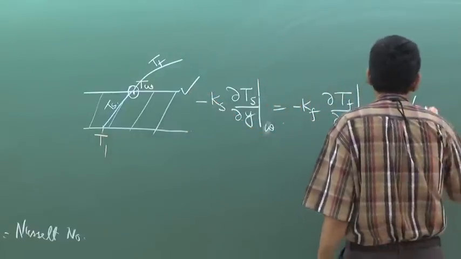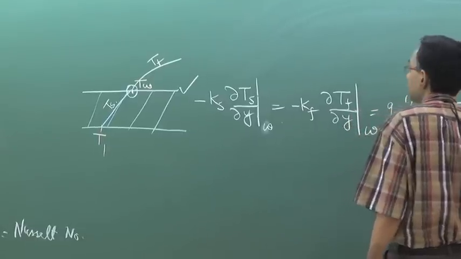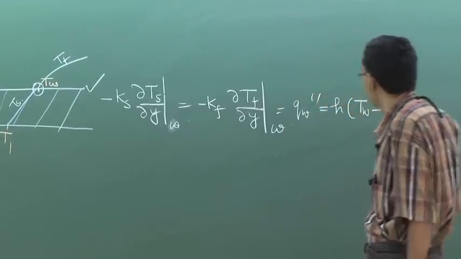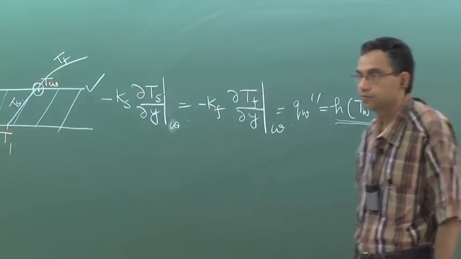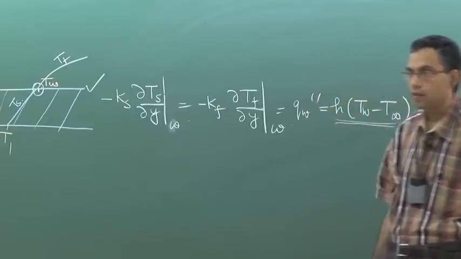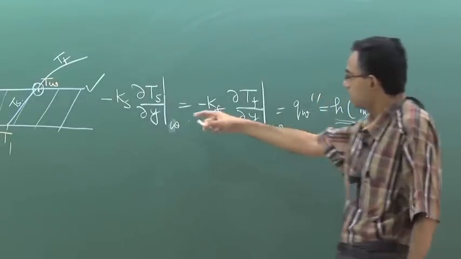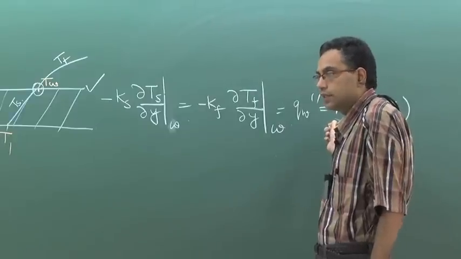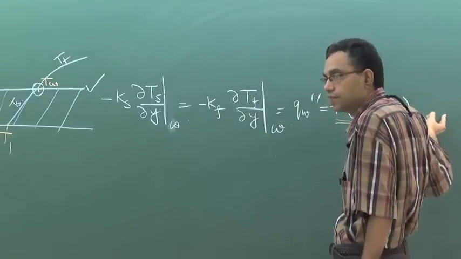This is equal to H into T wall minus T infinity. This is nothing but the so-called Newton's law of cooling. This is always valid except when radiation is present, a radiation heat flux has to be added.